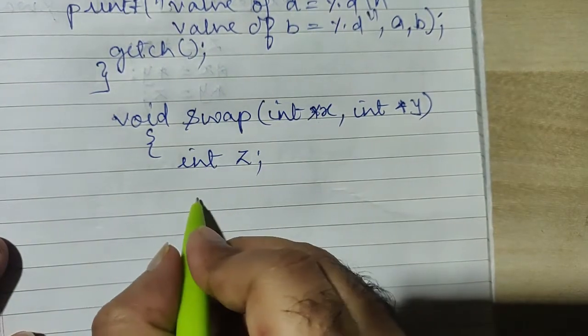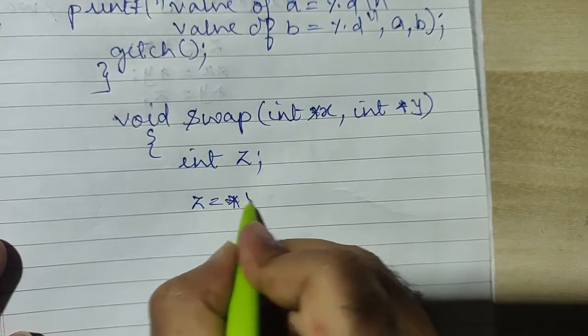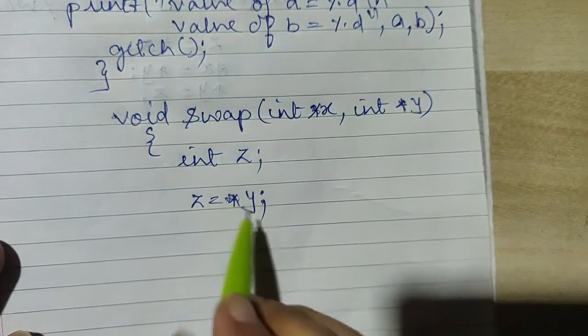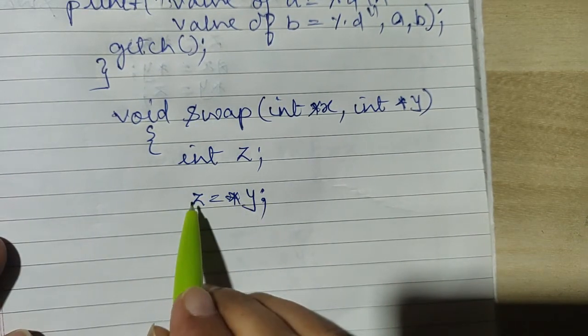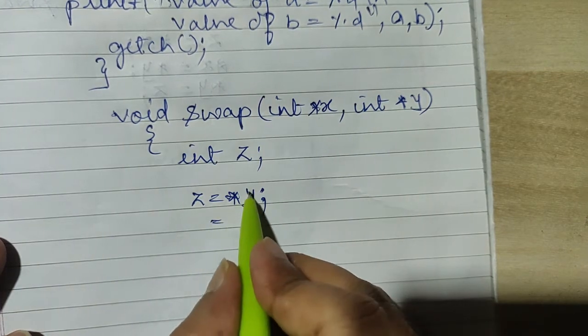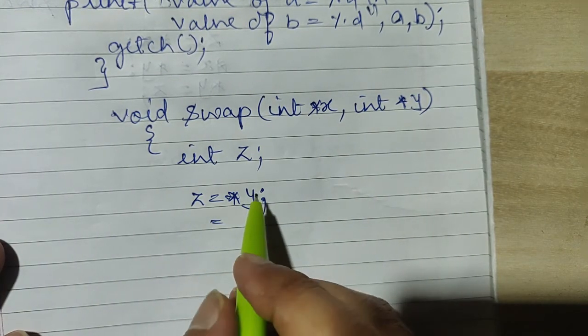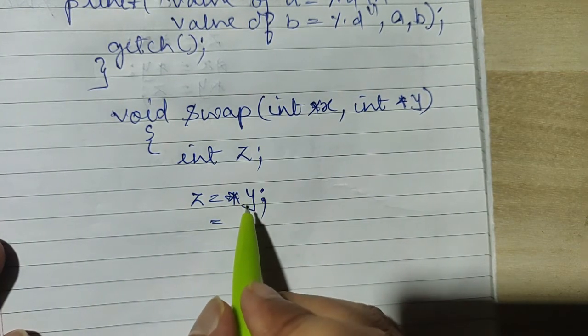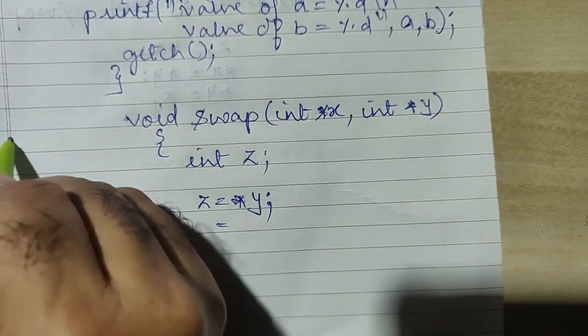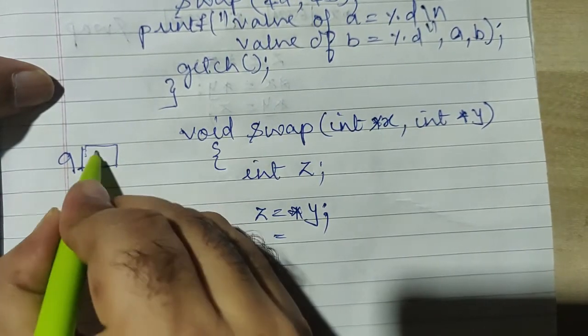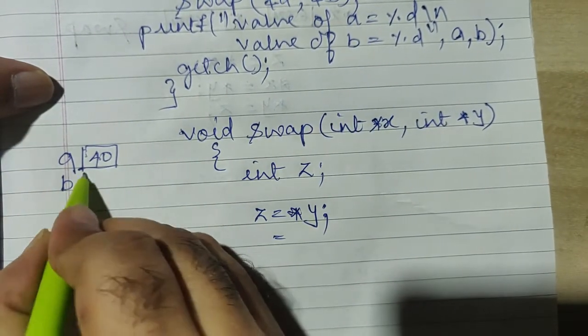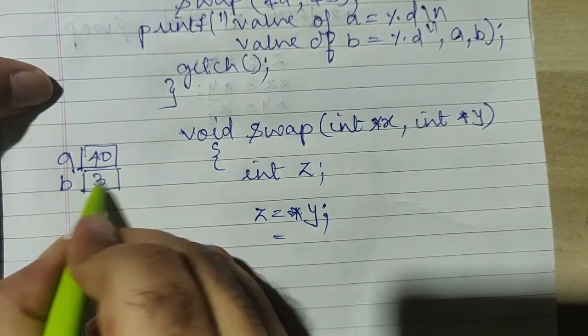How do I do that? z is equal to *y, which means whatever address is there in y, value of that address is loaded in z. Now address in y was 65522 and value over there, let's take it, value of A is 40 and value of B is 30.